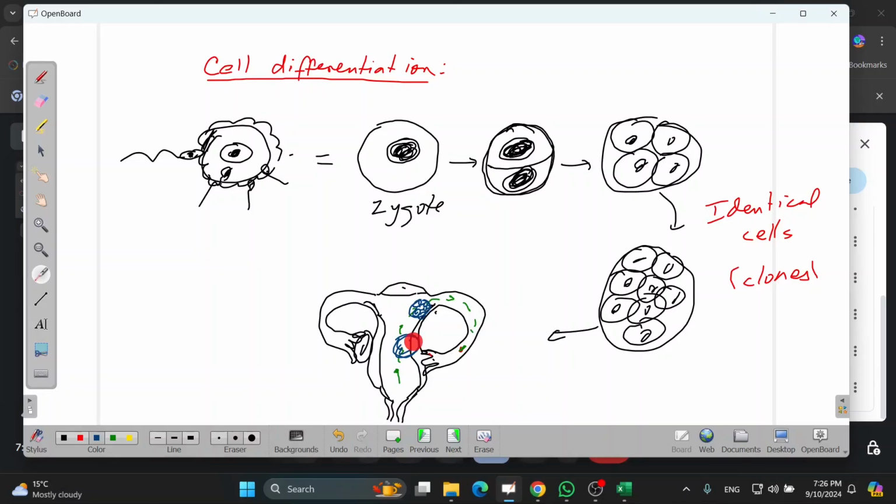Nerve cells. So all the tissues which are needed to form that baby will come out of these cells that will continue dividing, by the way. But now they start to differentiate. They will no longer be identical.